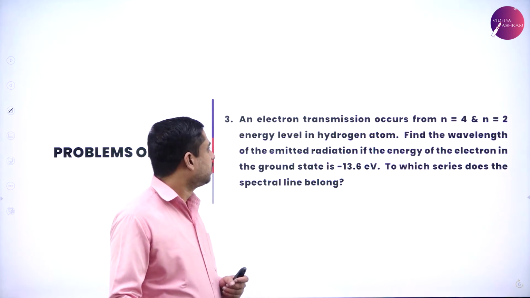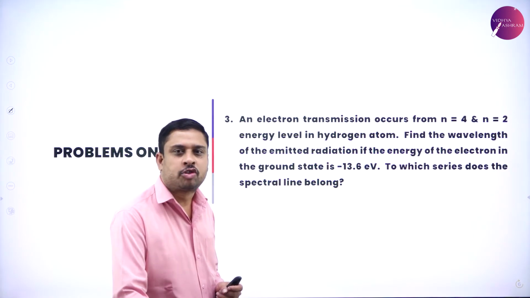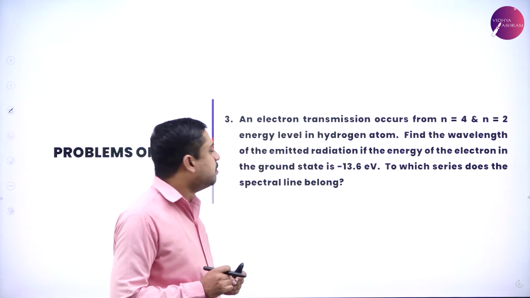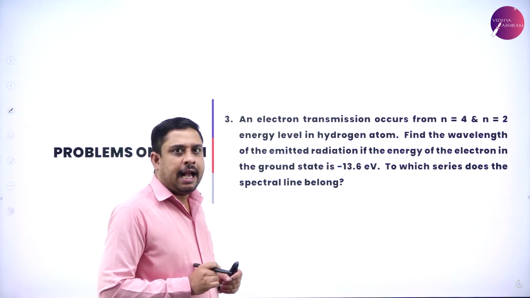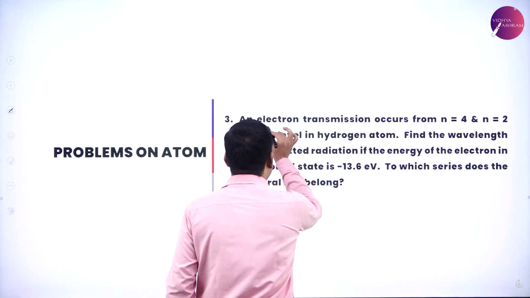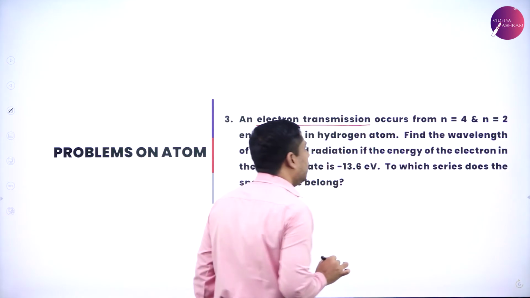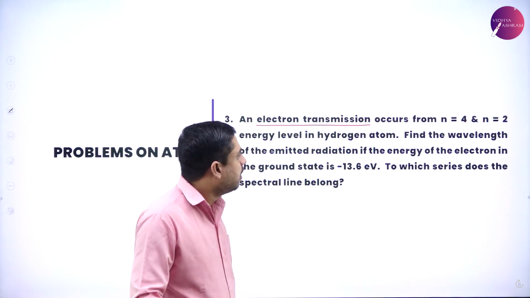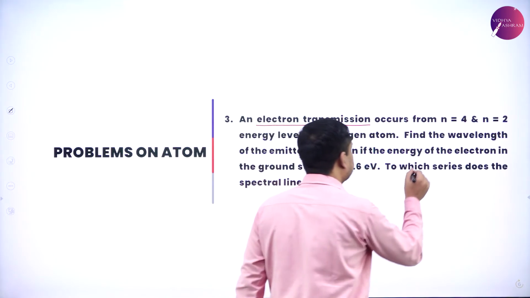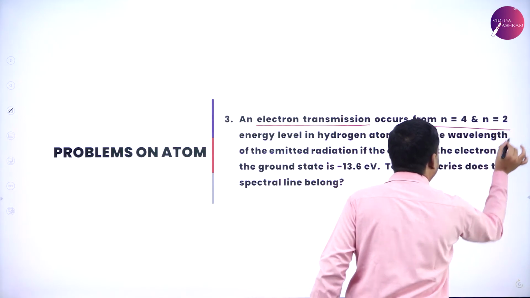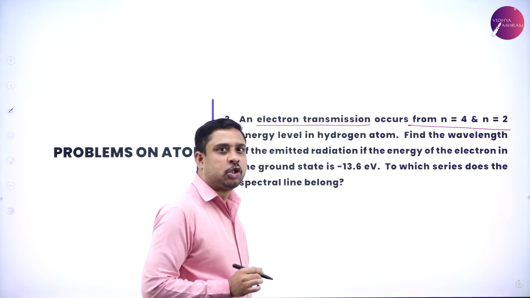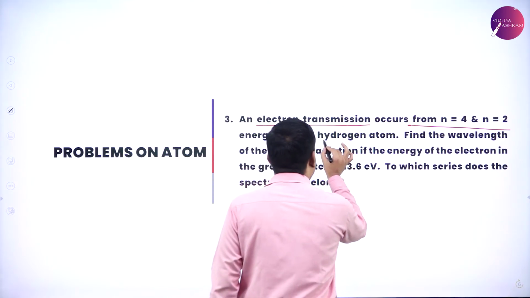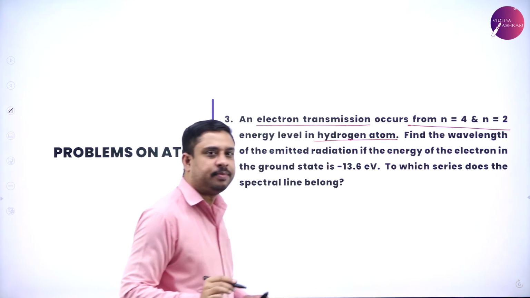Similar problem I have worked out in the previous session, where the problem says an electron transition occurs from n equals 4 to n equals 2 energy level in the hydrogen atom.